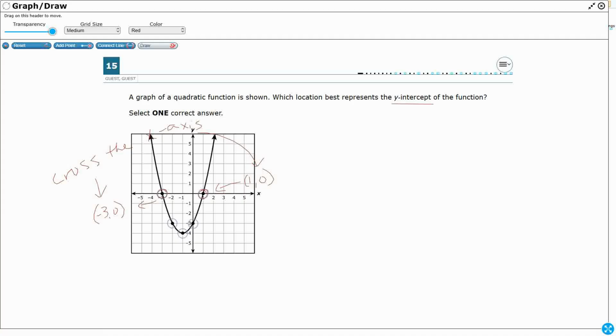And so that is actually going to be an intercept. Those are going to be intercepts, but those are going to be what we call our x-intercepts. And that's because they intercept or cross the x-axis. Now, these x-intercepts in quadratics have a few different terms. Sometimes we'll call them zeros.